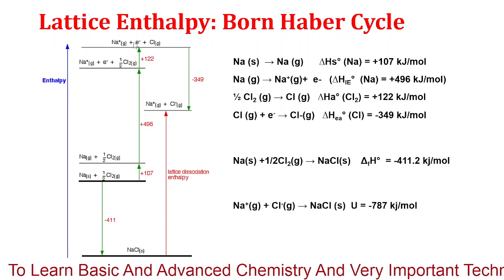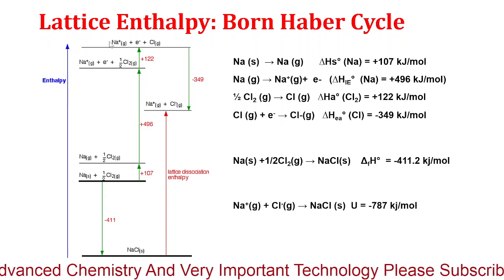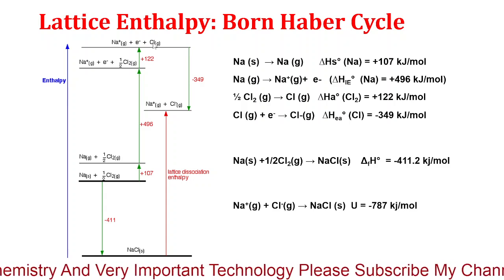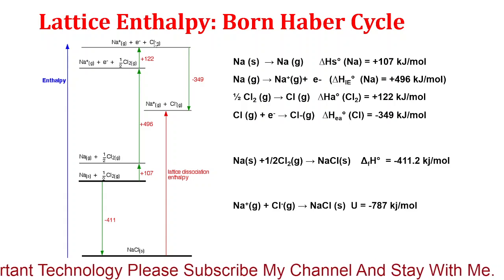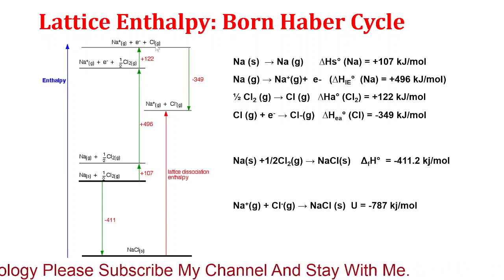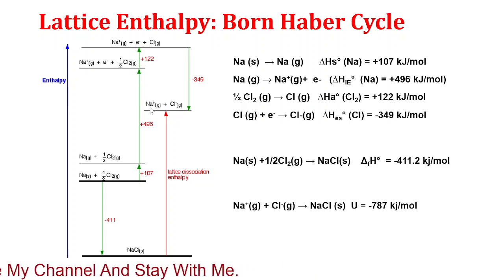Then this electron is gained by chlorine. So here we will have magnesium 2+ and 2 electrons, and then we will convert chlorine gas into 2Cl atoms. Therefore the 2Cl atoms will gain 2 electrons, then it will convert into Mg2+ and 2Cl-. That is another delta H.